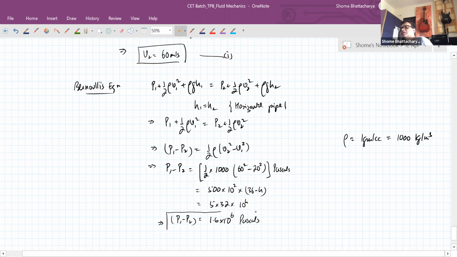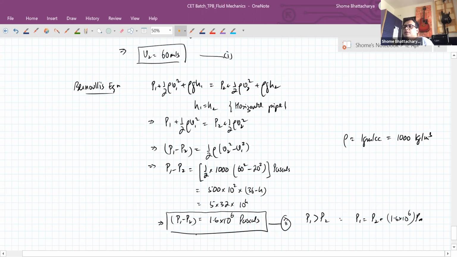And that pressure difference is such that you can see that P1 is greater than P2. So P1 will be equal to P2 plus that value, so this becomes the second part's answer.